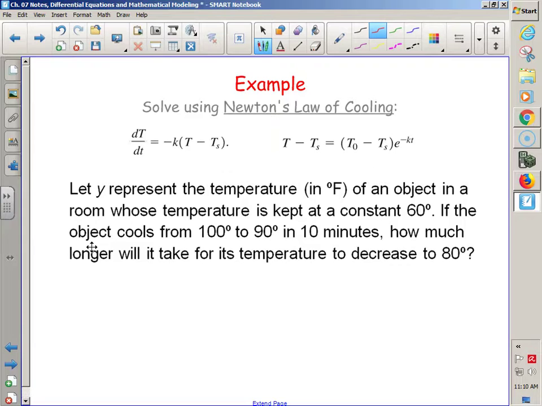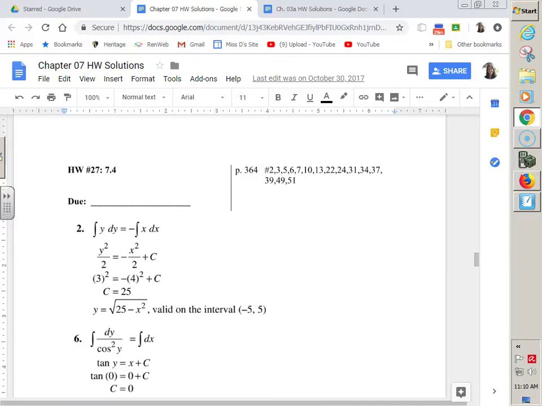Isn't this a derivative that is constantly proportional? Or, I should say, directly proportional to? So does it make sense why we would have some sort of exponential decay going on over here? Interesting. So let's go ahead and check our answers on homework and see how we did. You guys have a Newton's law of cooling.